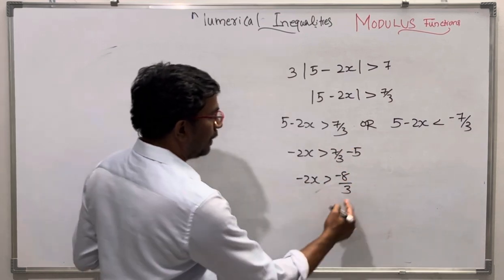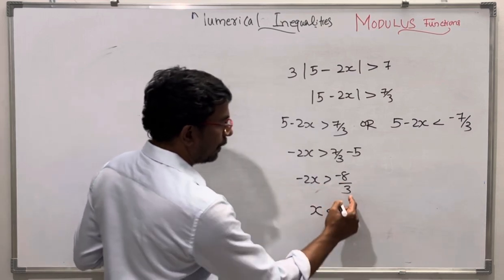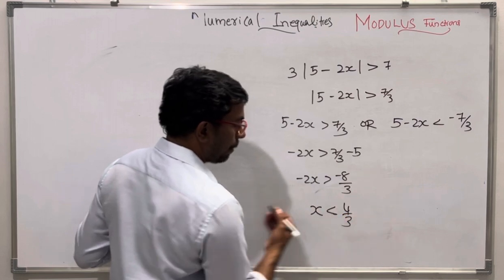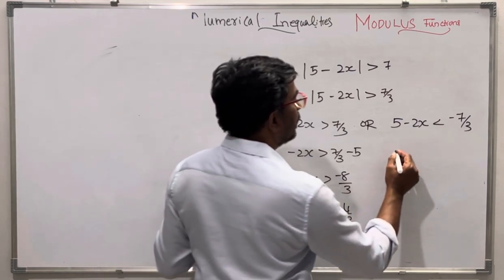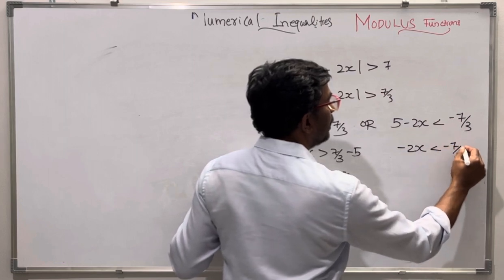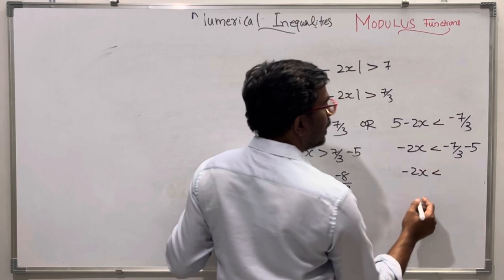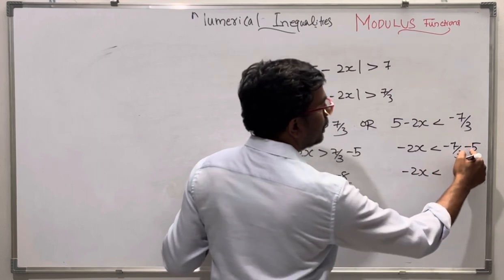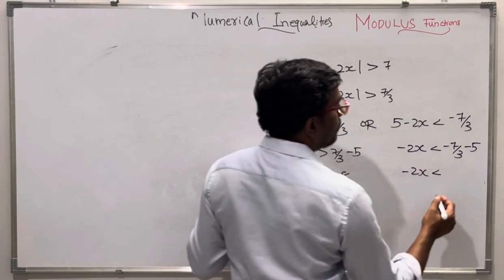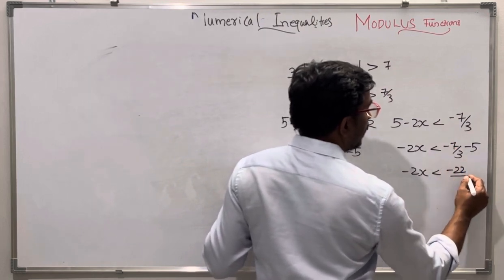So when you divide by minus 2, x, this will flip, so it will become x less than 4 by 3. Here you will get minus 2x less than minus 7 by 3 minus 5. So minus 2x less than, this will become minus 15 and minus 7, minus 22 by 3.